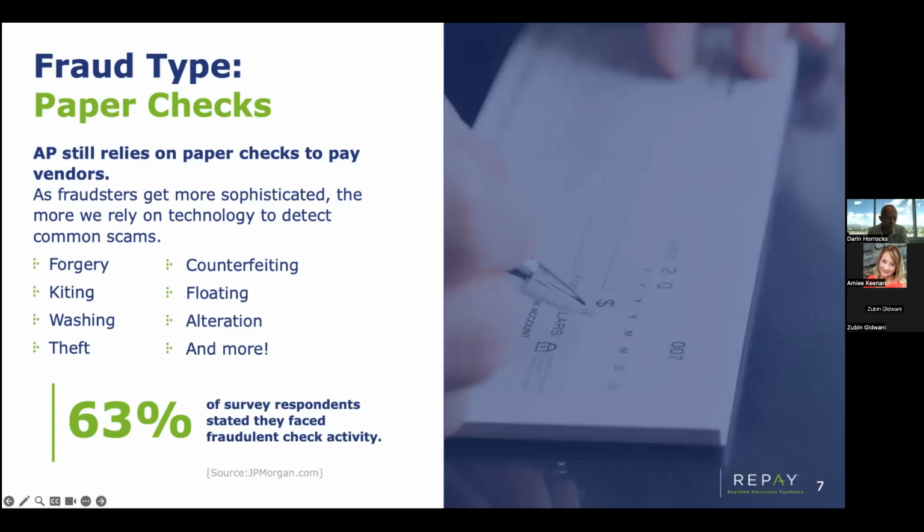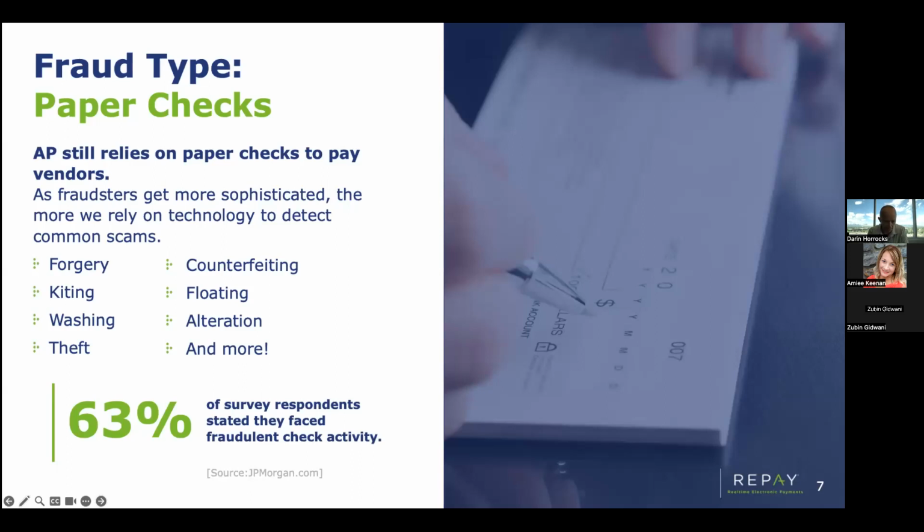Checks can be stolen in the mail, washed, and the payee or even the amount changed. And all of those things have again been on the accelerant the last couple of years.